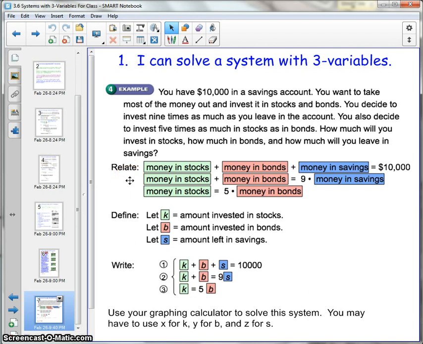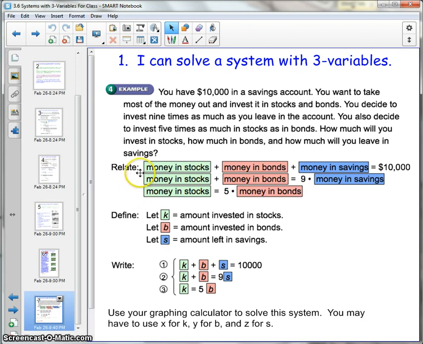Then we also know from the third sentence that we decide to invest 9 times as much as we leave in the account. So the money in the stocks plus the money in the bonds is going to equal 9 times the money that we left in our savings. And then the next sentence says that we decide to invest 5 times as much in stocks as in bonds. So the money in the stocks equals 5 times the money in the bonds.